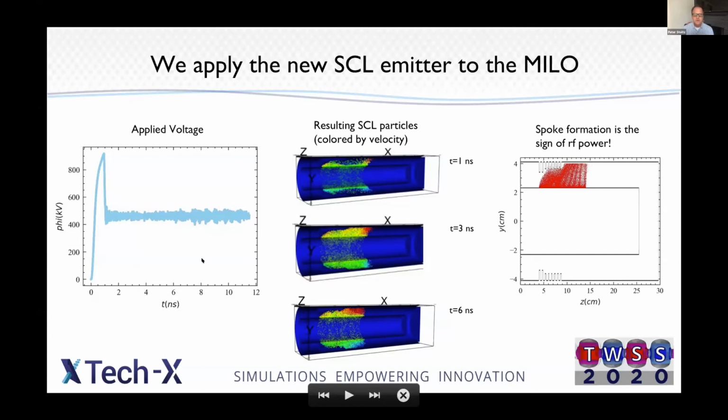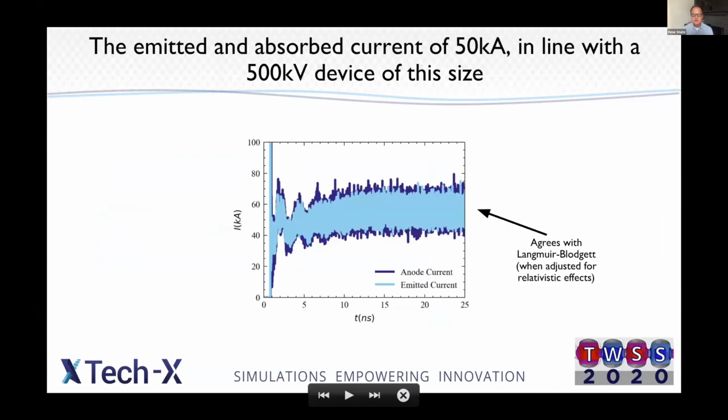Let's talk about the total current that we were getting. Again, it's high voltage, 500 kilovolts, and so you expect a lot of current, kiloamps of current, and that's not unexpected in devices like this. If you look at the current that came off the cathode and the current that makes it to the anode, we were getting about 50 kiloamps in each, and we ran it out about 20, 25 nanoseconds.